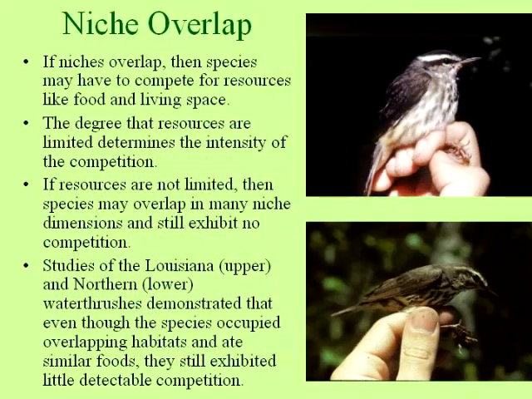And this brings us back to our old friends, the water thrushes. And we can make the point with them that niche overlap alone is not enough to bring species into competition. In order for species to come into competition, there must be some resource in limited supply, something to compete over, in other words.